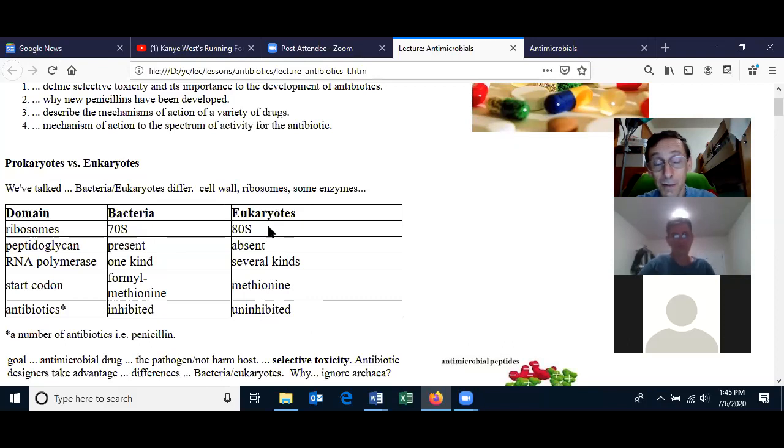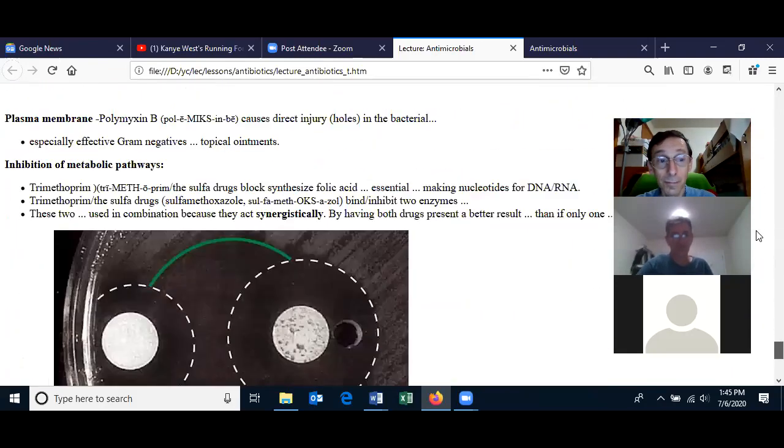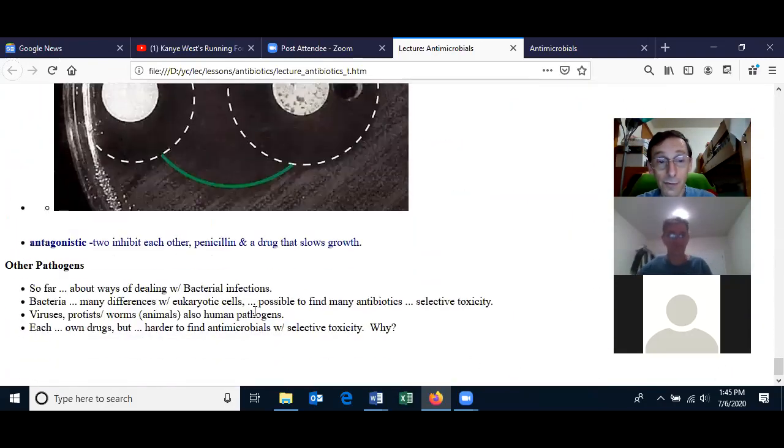A yeast cell that infects us is a eukaryote, the same as our cells. Okay? And that's why we've been less successful in developing selectively toxic drugs for the other human pathogens. Because there's less differences. Okay? Everyone see that?